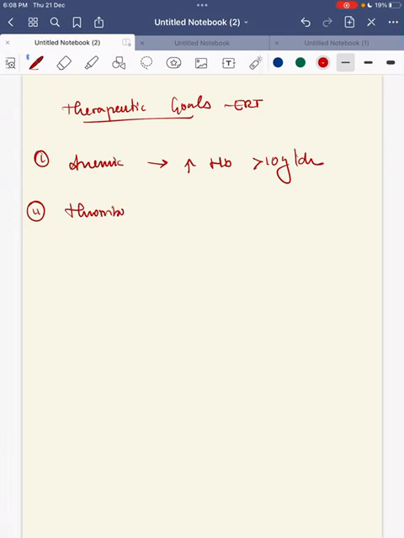Second, thrombocytopenia. There will be an increase in the platelet count to prevent surgical and obstetric bleeding. The baseline platelet count will be between 60,000 to 1,20,000, or it can approach normal levels, or the platelet count can increase by 1.5 to 2-fold.